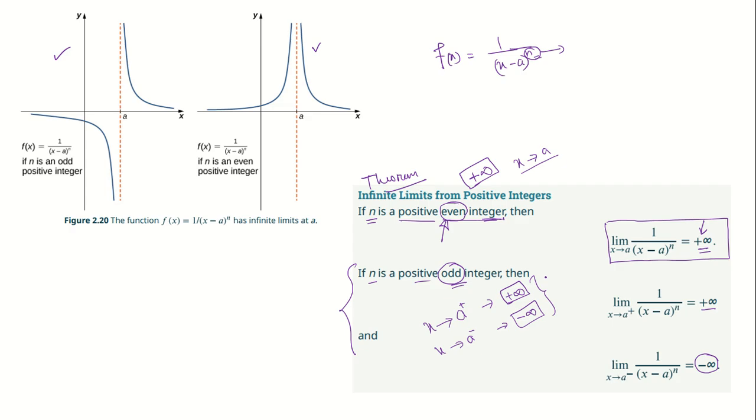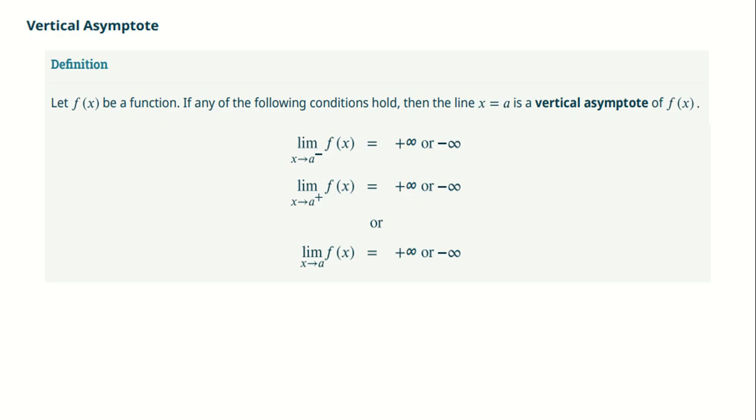When we get this, the function is defined as f of x equals 1 over (x minus a) to the power n. Now, vertical asymptotes. What is an asymptote?